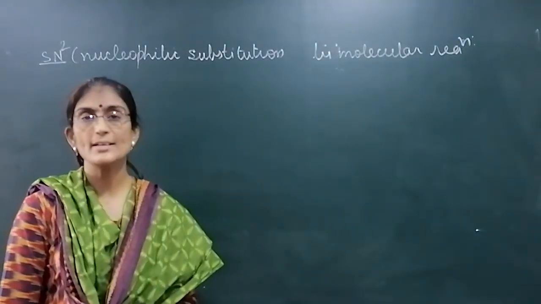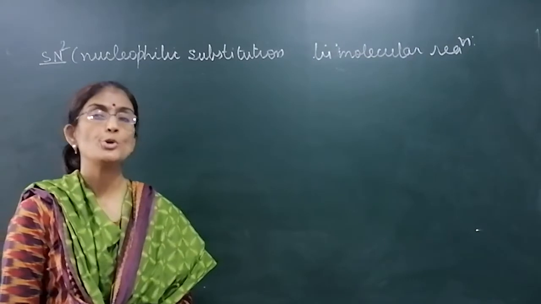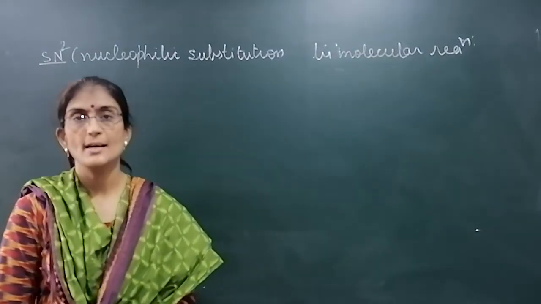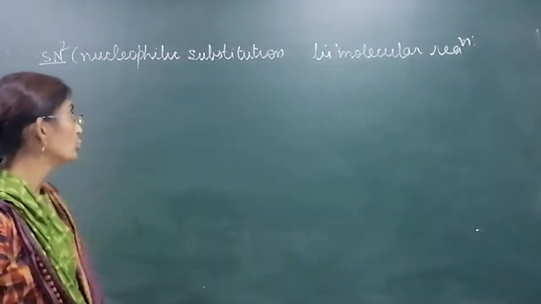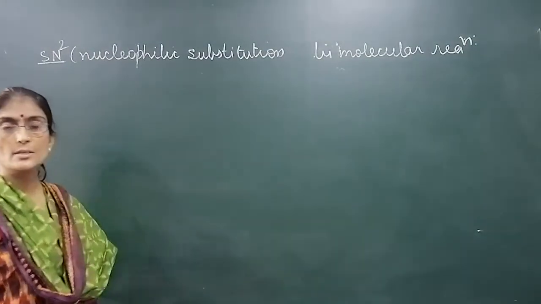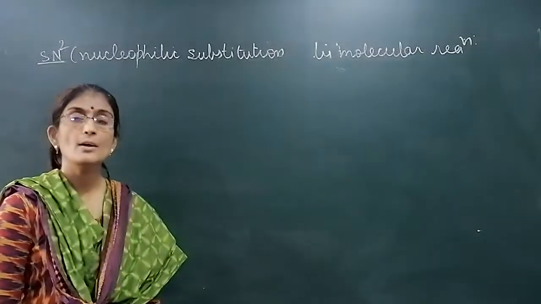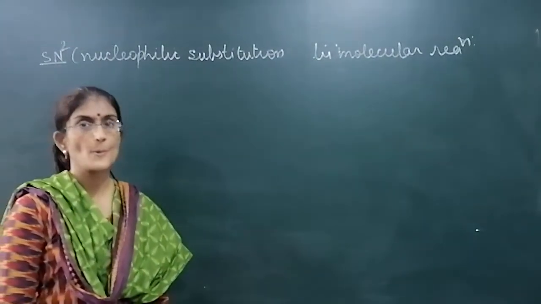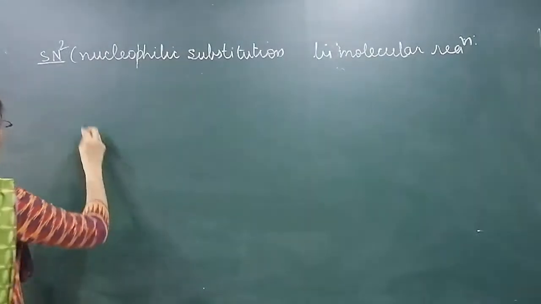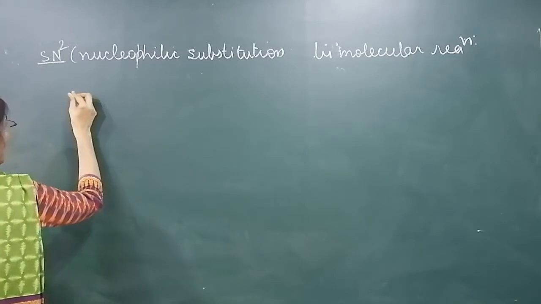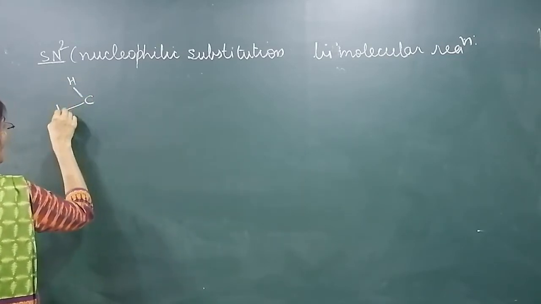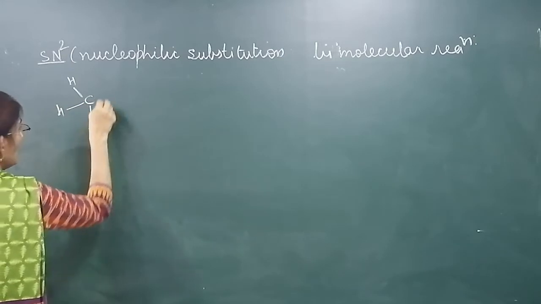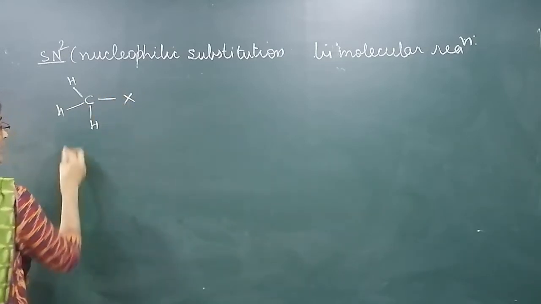We were doing mechanism of nucleophilic substitution reactions. SN1 we had completed. Now it is SN2. SN2 means nucleophilic substitution bimolecular reaction. Suppose we have this alkyl halide, C1, 2, this 3 and this alkyl halide.